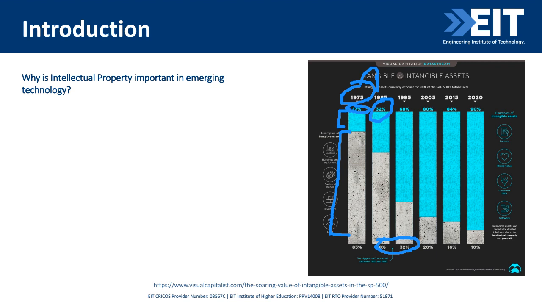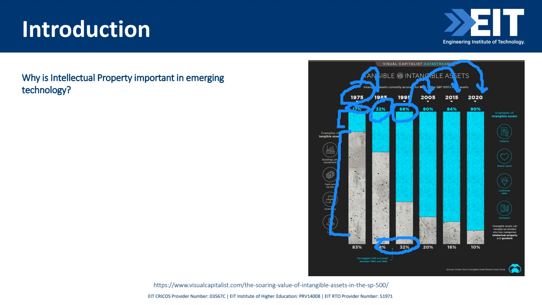Intangible assets became more than 50%. Those S&P 500 companies had 68% of assets in the form of intangible assets. And then it kept increasing. 2005, you can see 80%, 2015, 84%, and in 2020, most of the assets are in the form of intangible assets.